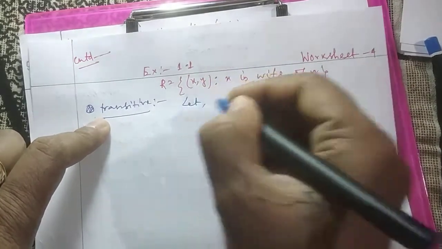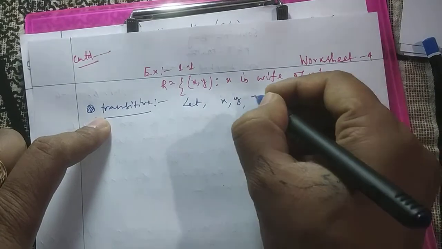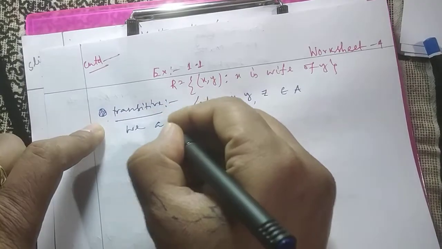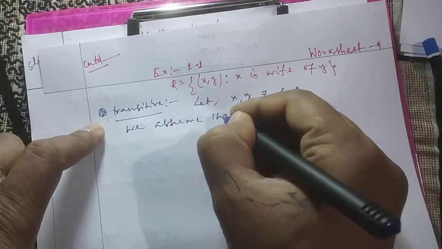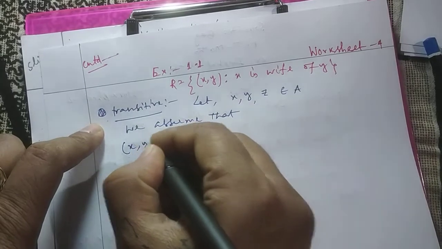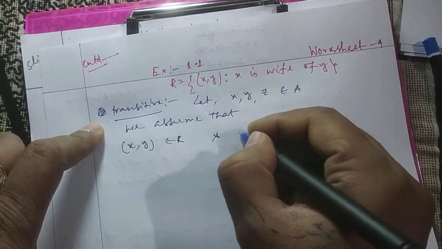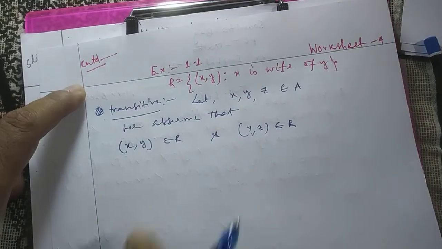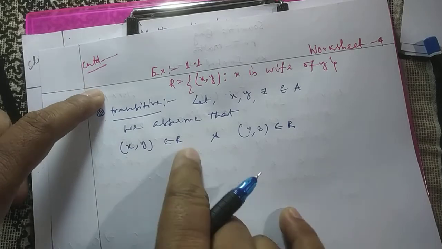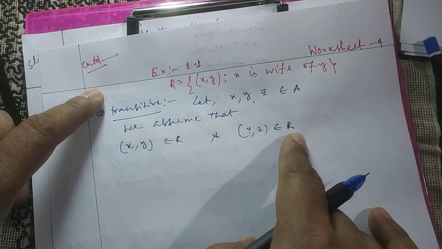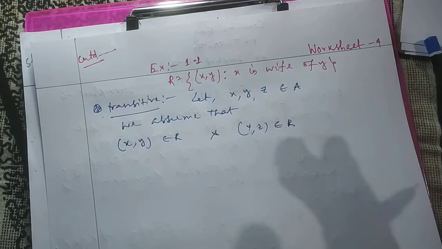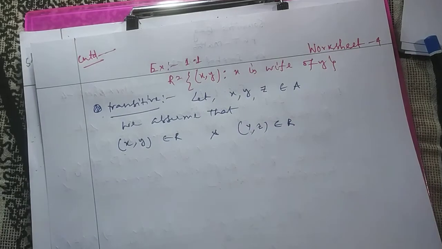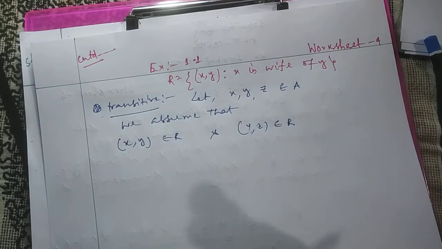So first let us pick up three distinct elements X, Y, Z from the given set A, and at the same time we assume that (X, Y) belongs to R as well as (Y, Z) belongs to R. From here, by any means if you can check (X, Z) also belongs to R, then it will be transitive, otherwise not. Now let us verify it.